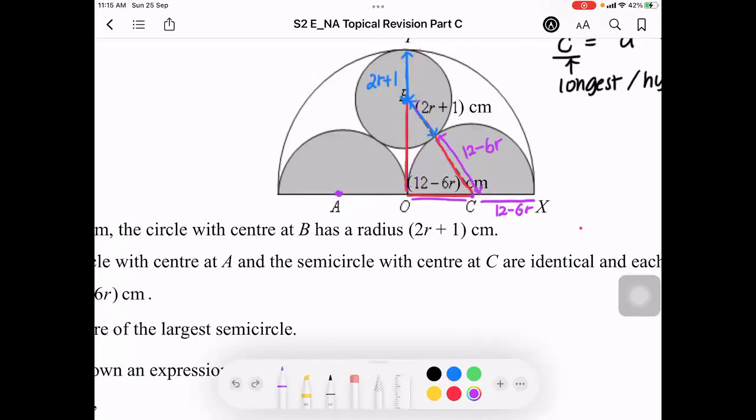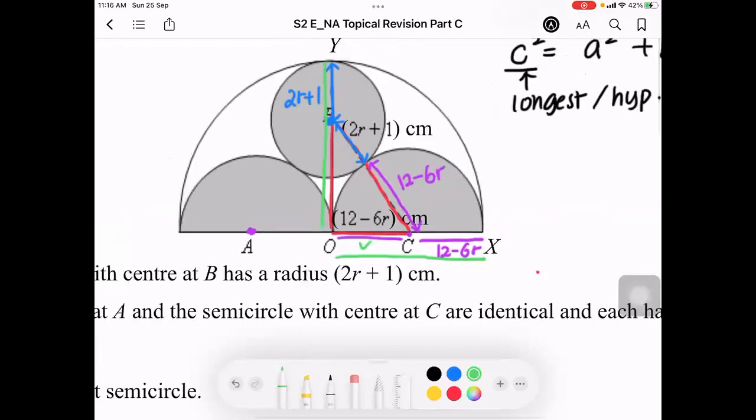So in that case, this whole thing over here is the whole big circle's radius, right? The whole big radius. Oh, I should not put purple color. Let me put another different color. Green. This whole thing and this whole thing are the same. Okay, this small purple one is 12 minus 6r. Can you tell me how much the green one is?